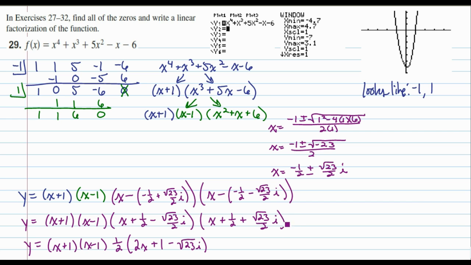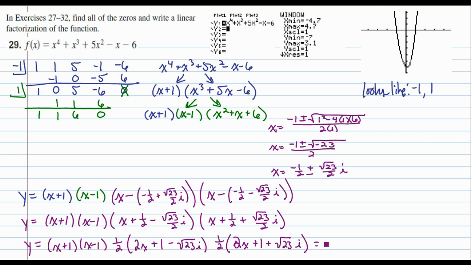I'm going to do the same thing in this second trinomial here. I'm going to factor out or divide by 1/2, which is the same thing as multiplying by 2. So if I factor out the 1/2, I get 2x plus 1 plus, and now since I factor out the 1/2, just square root 23i.